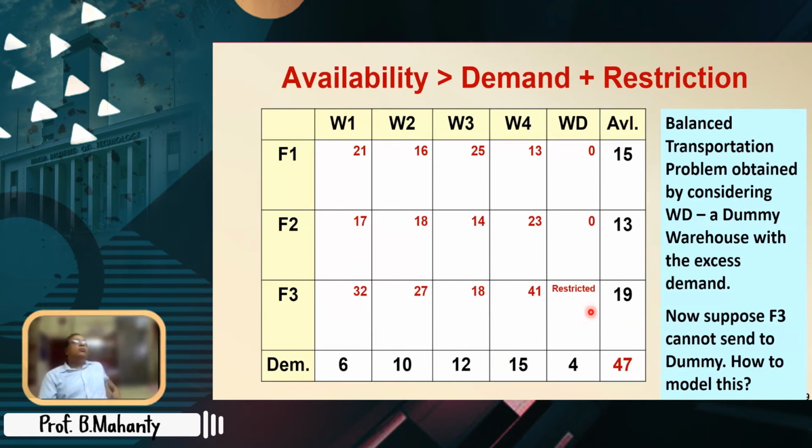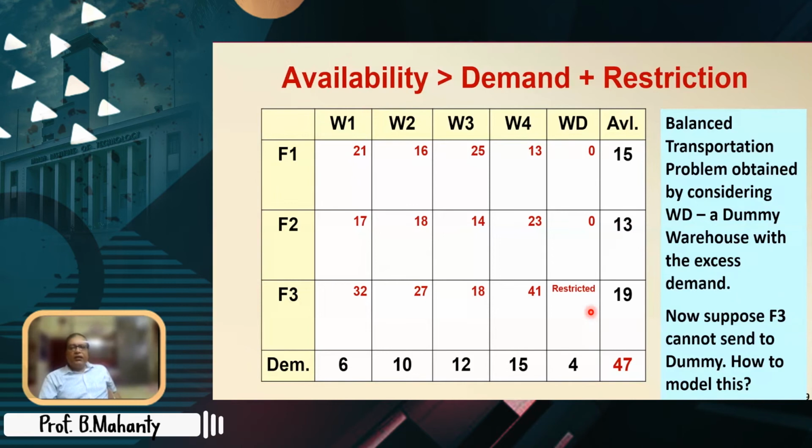Now the language is also important. What language is it given in? It may not be said that F3 cannot be sent to dummy. The condition might be that F3 material has to be utilized, or F3 material has to be sent to one of the real warehouses, or the language could even be that F1 and F2 material can be wasted.